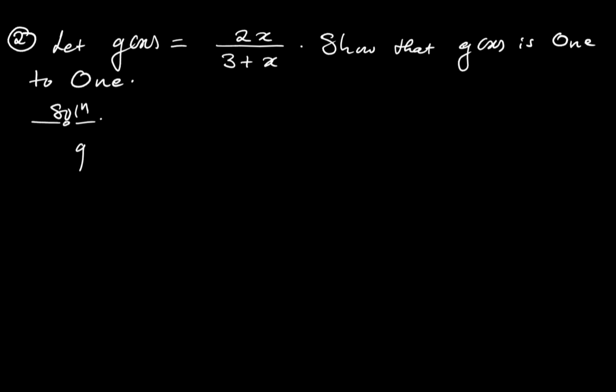So I want g at A, the given function at A, to be equal to the given function at B. We can always do a data by the side like that.